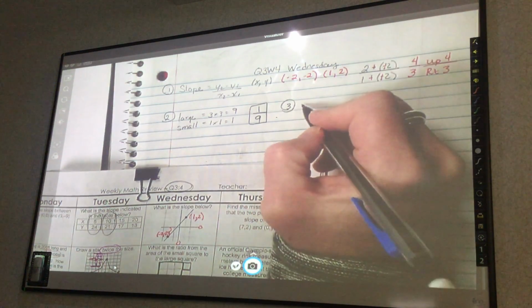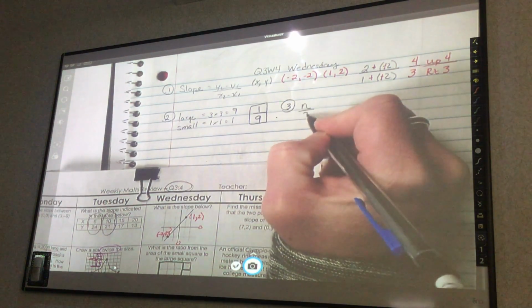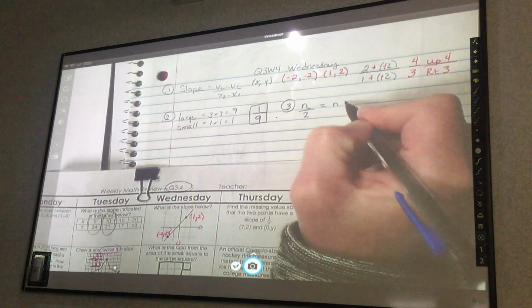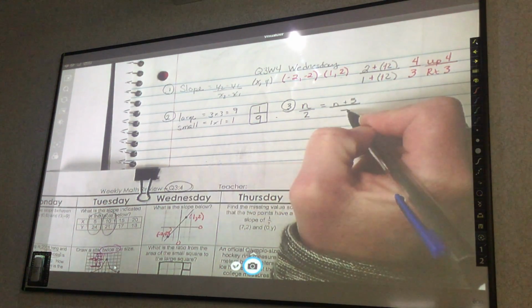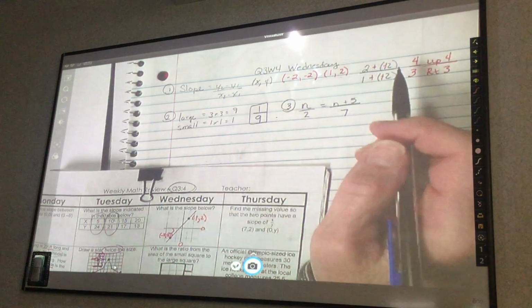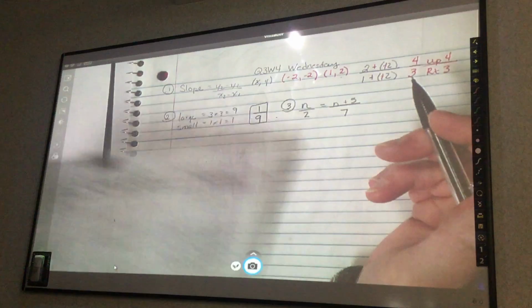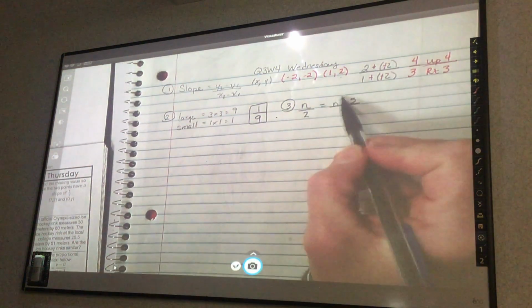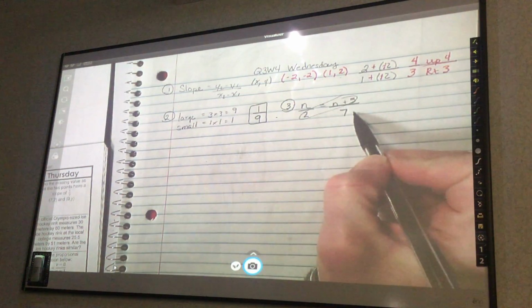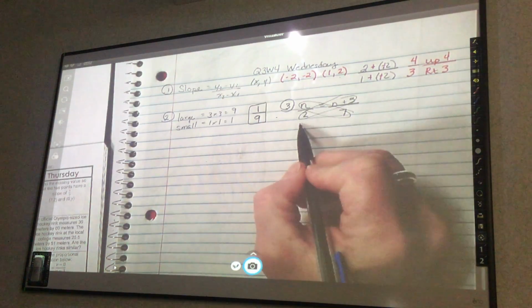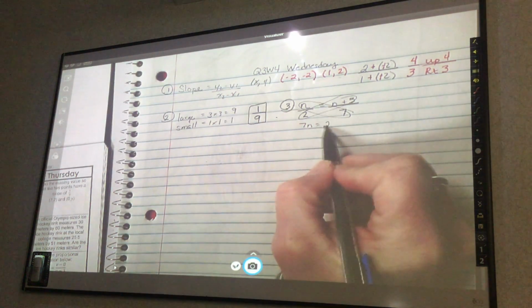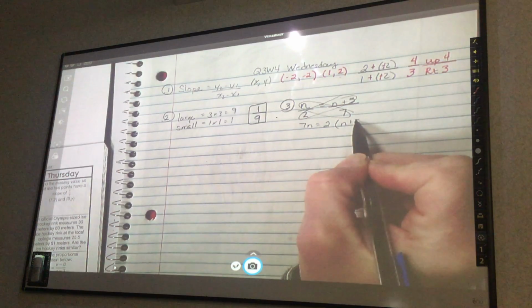Three, we are to solve the proportional equation. Everybody stand up, please. We're going to solve it by cross product. So I have 7n equals 2 times the quantity n plus 5.